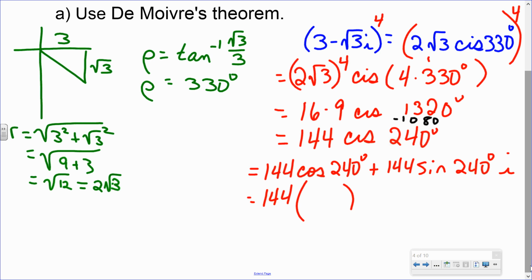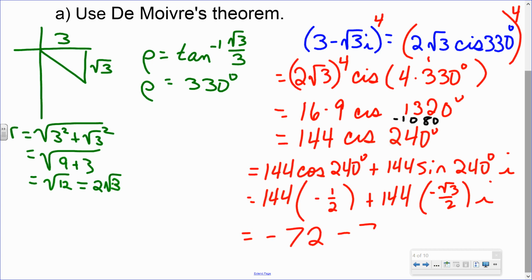Aiden, what's that going to be? And sine 240, what is that going to be? Anna? And let's see, 144 divided by 2 is 72, so negative 72 minus 72 root 3i.